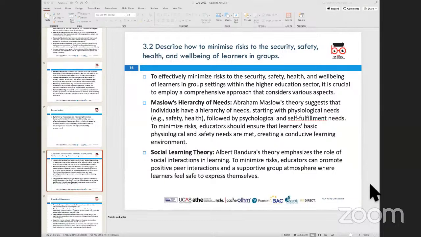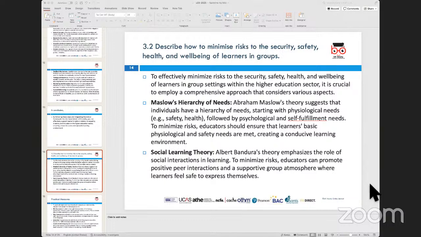Then if there are any tools and techniques to be used in that particular activity, they need to be provided and checked to see if they are safe for learners, students, to use.